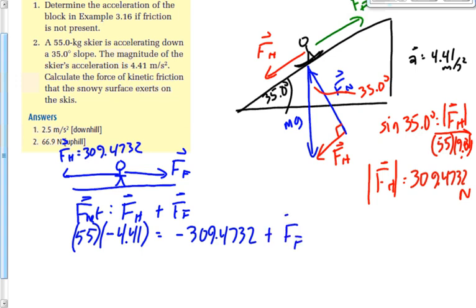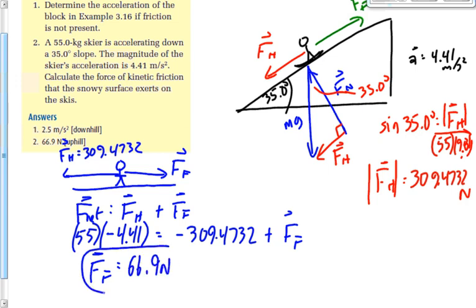Let's solve for FF there. So we're going to say 55 times 9.81. 55 times 4.41 plus 309 gives me a force of friction here of positive 66.9 newtons.